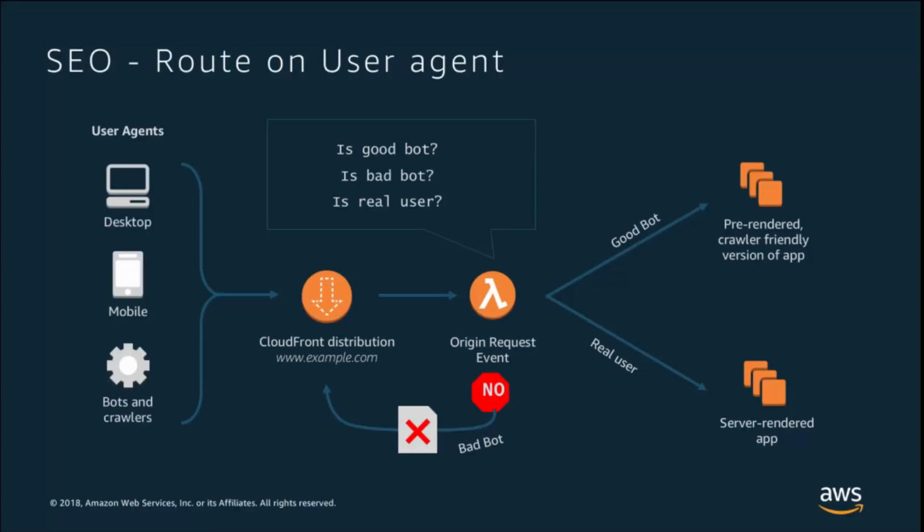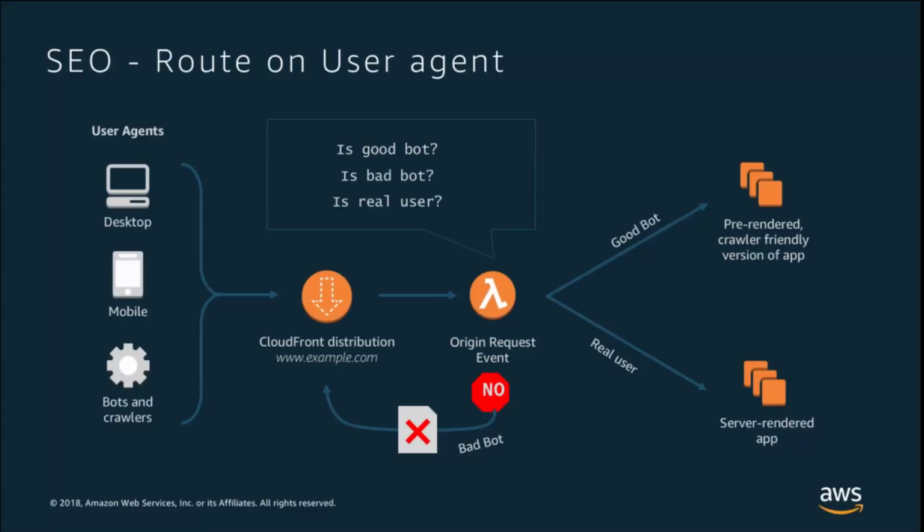If it's a good bot like a search engine crawler, you probably want to send the request to a pre-rendered, pre-optimized, crawler-friendly version of your app. And if it's a bad bot, you don't even want to send the traffic to your backend origin. You don't want to create unnecessary load on the origin. Instead, you want to just generate a response directly using Lambda at the edge and fulfill that request.